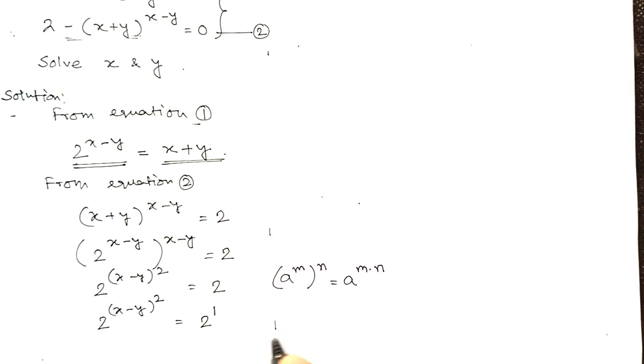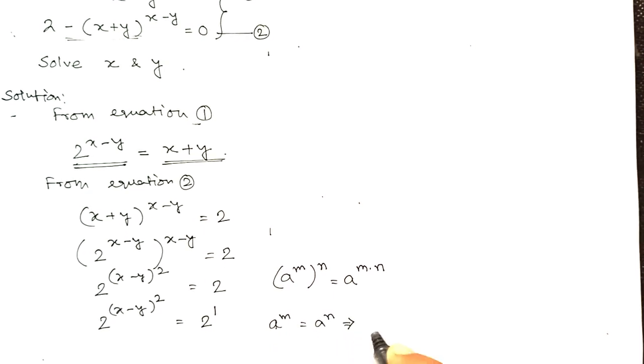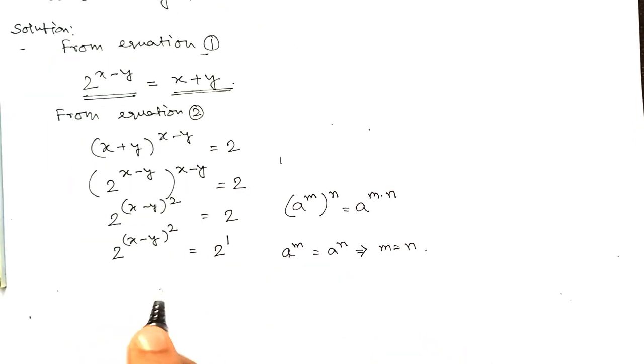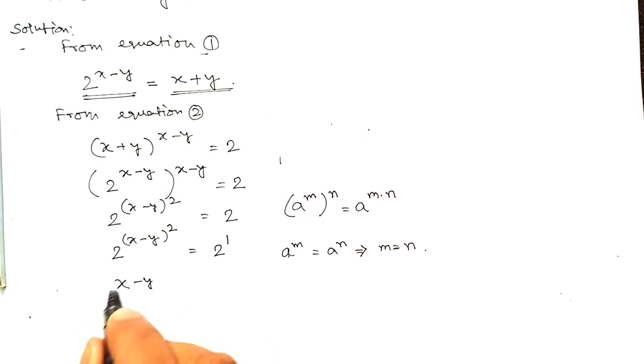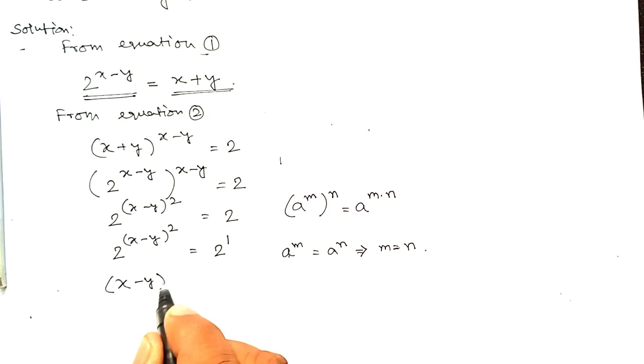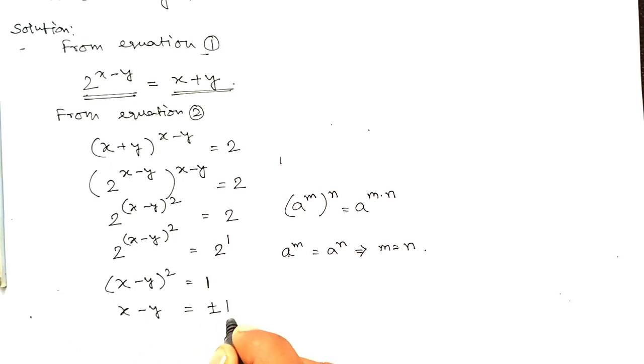Also, if a to the power m is equal to a to the power n, we can say that m is equal to n. So from this identity, we can write x minus y whole square is equal to 1, or x minus y is equal to plus minus 1.